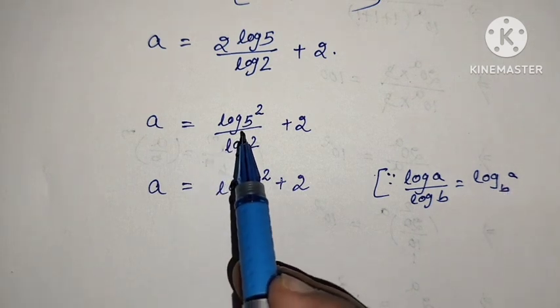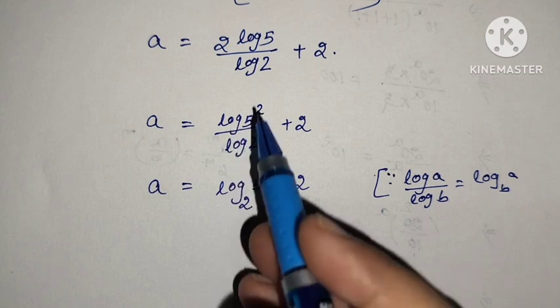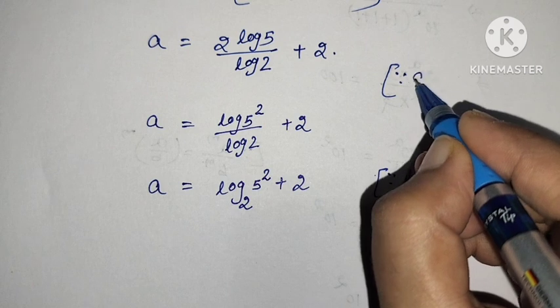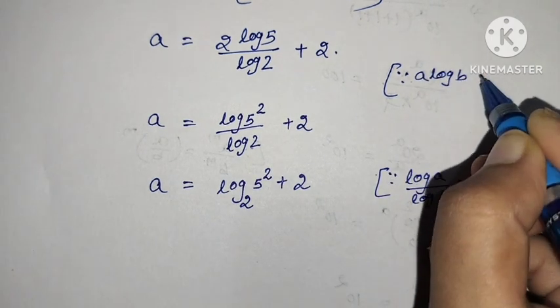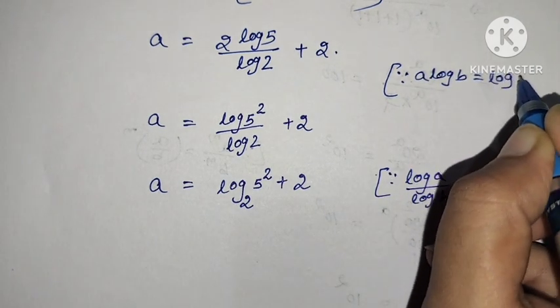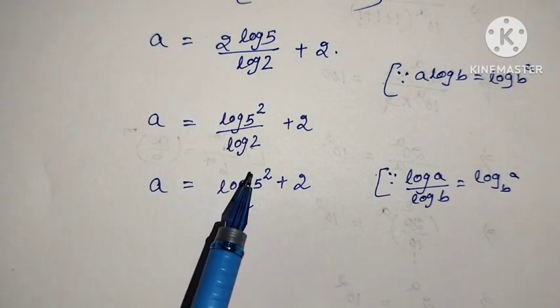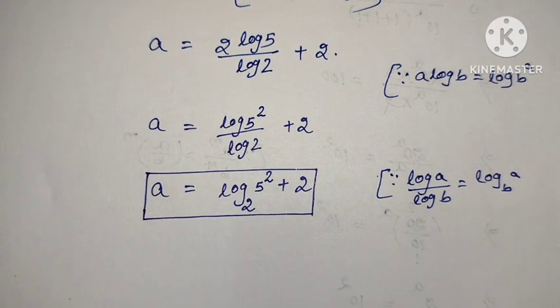Yes, we apply here. Then the another one also in logarithm. a log b is equal to log b to the power a. We apply here also. This is the value of a.